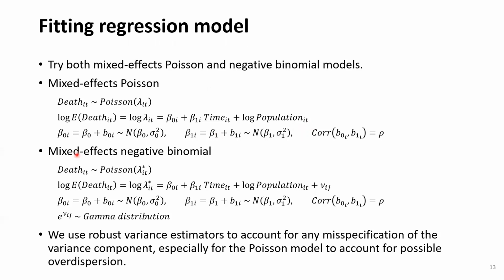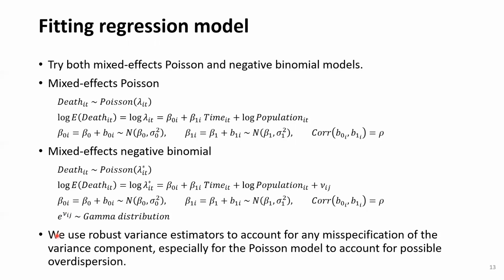And the mixed effects negative binomial model is almost the same. The only difference is we have another parameter here to account for overdispersion. So the interpretation of these beta coefficients is the same between the Poisson model and negative binomial model.